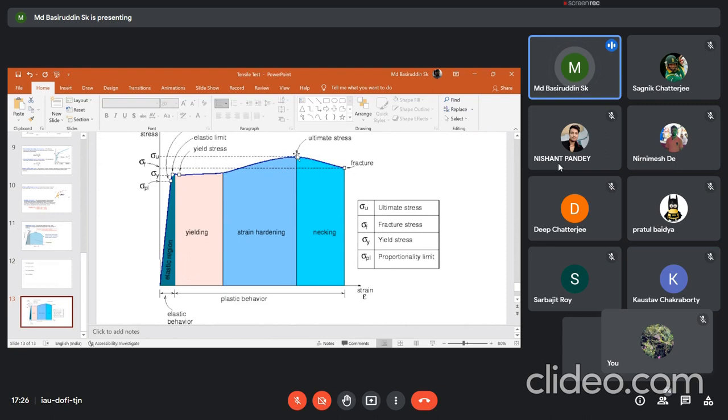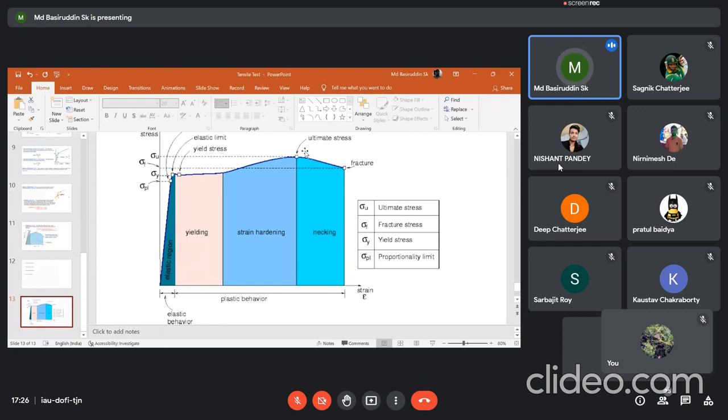But when necking starts, that means when you exceed a critical value of stress, then again the material abruptly starts to deform. So in this way, designers or manufacturing people can set the applied load values for design purposes or for manufacturing purposes.